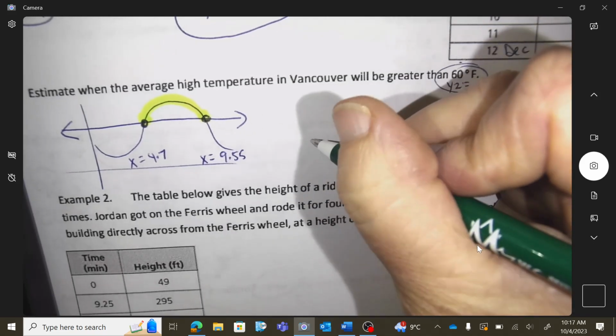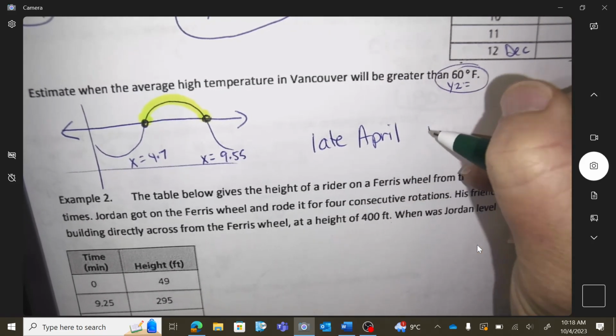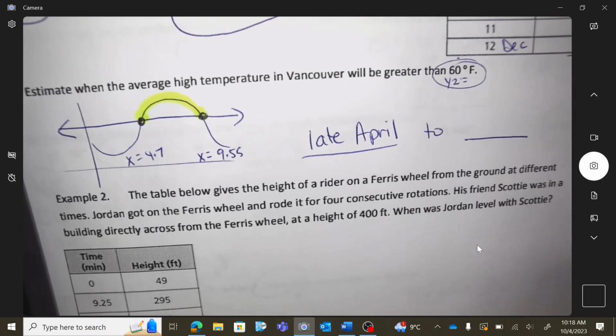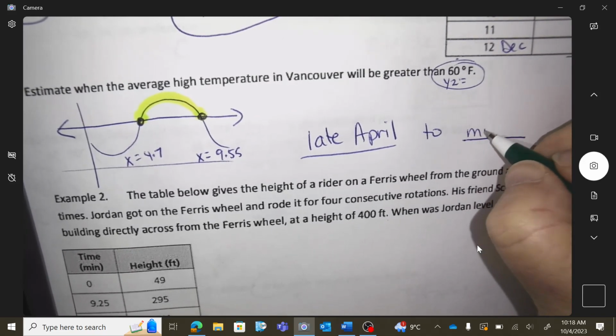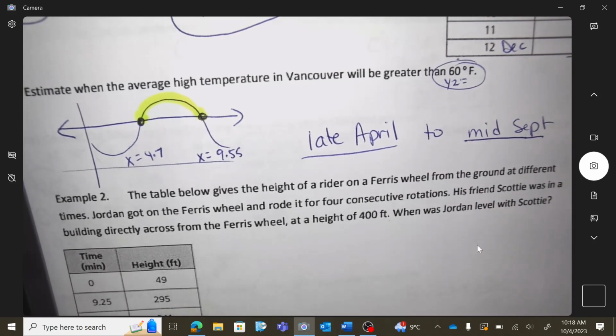We're in April, late April to middle of September. Okay, do you see how I'm using the information, but then I have to think about the real life. What does that represent in real life?